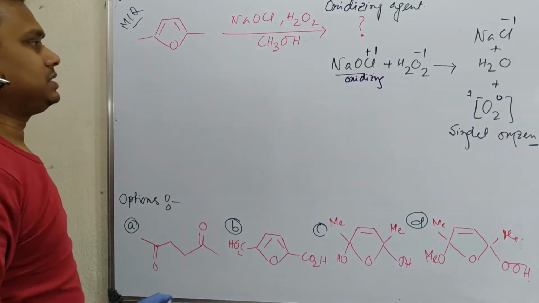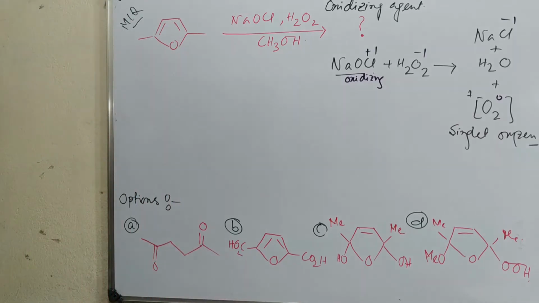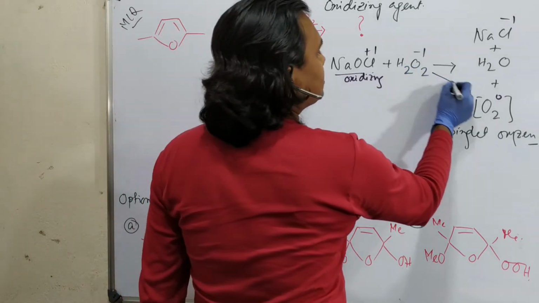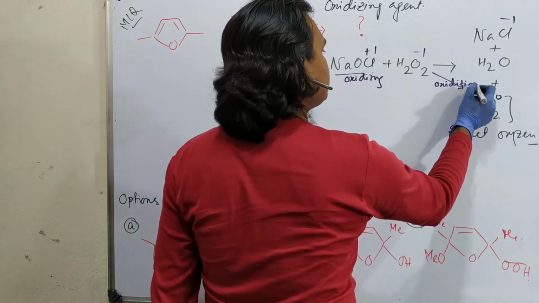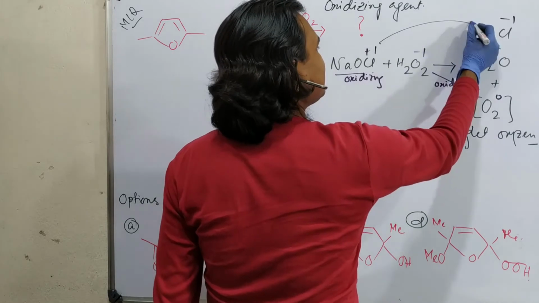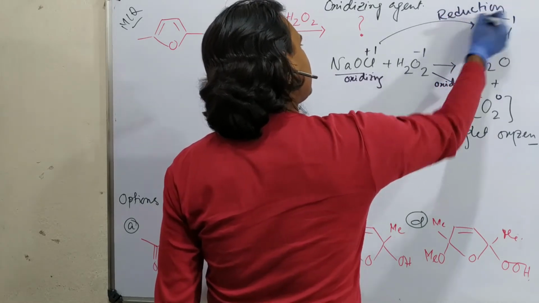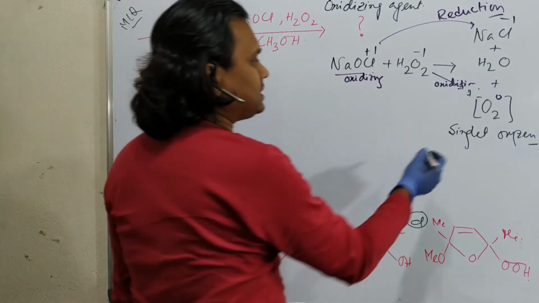Sorry, I made a mistake. This is the oxidation, -1 to 0, and this is the reduction. Sorry for this wrong statement. Fine. So our main focus is singlet oxygen.